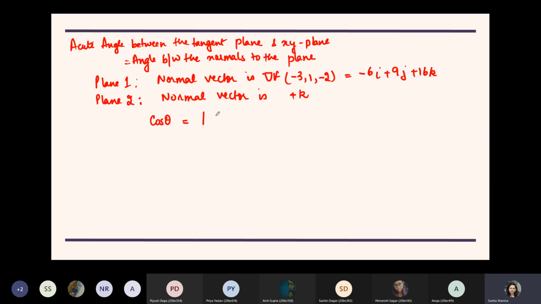So we take the absolute value of the dot product of the two, which is 16, divided by the norm of the first vector, that is the square root of 6 square plus 9 square plus 16 square. And the second vector is a unit vector, so its norm is 1 only. So this is the answer. Just check it on your own as well. This gives you the cos of the angle, so theta is cos inverse of this.